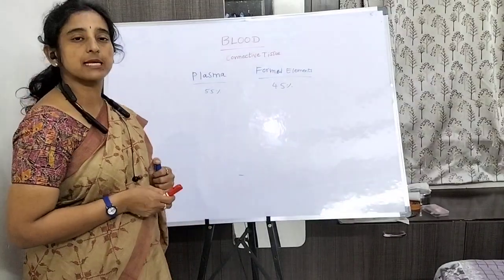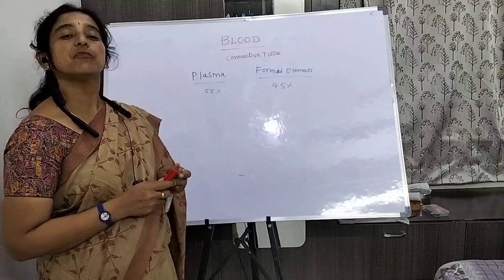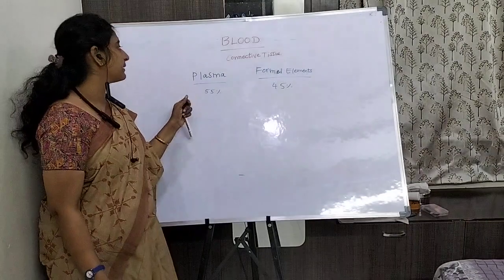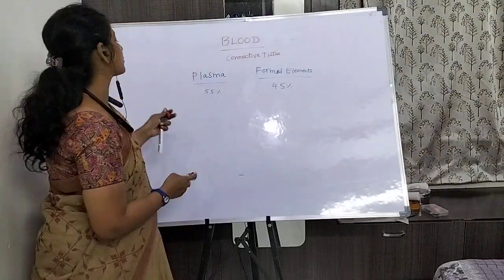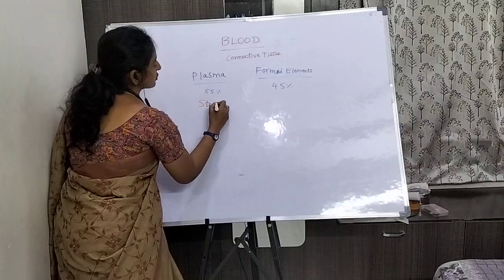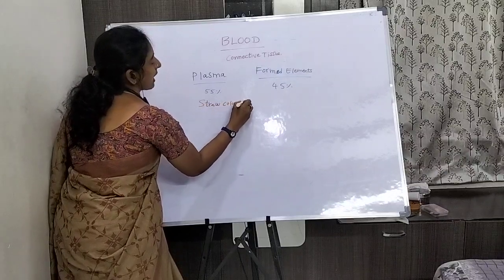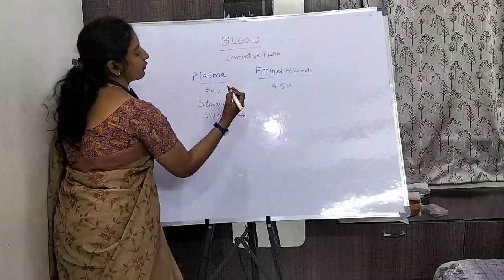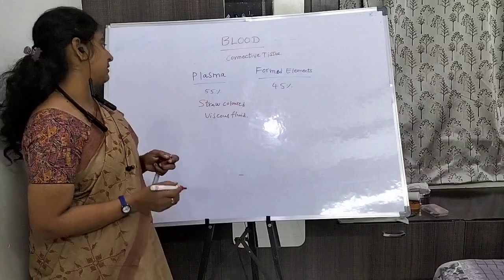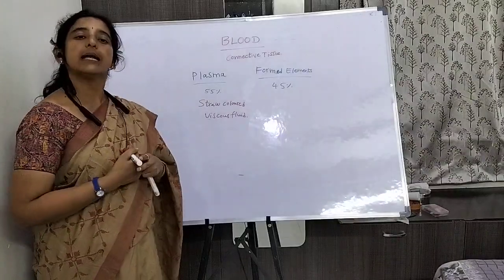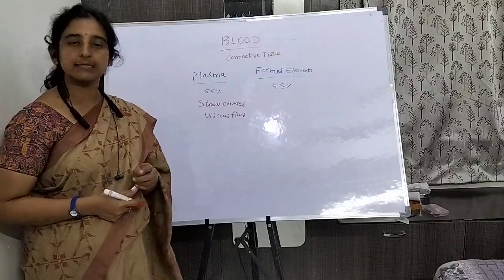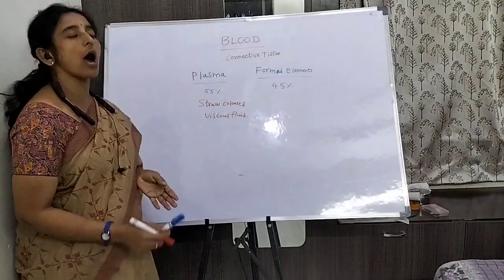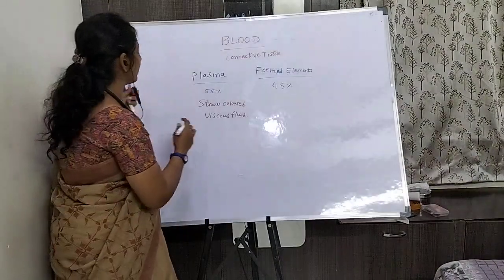If you observe plasma, which type of structure is plasma? It is a viscous fluid structure. This plasma is straw colored and viscous fluid. This plasma has different types of proteins such as fibrinogen, prothrombin, albumin and globulin.